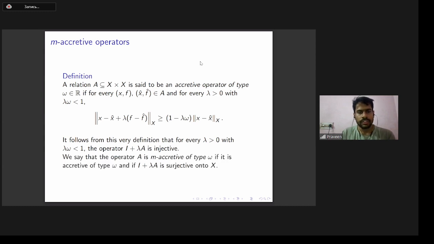Also, we say an operator A is an m-accretive operator of some type omega if it is accretive of type omega, and also I plus lambda A, for all those lambda positive such that lambda omega is less than 1, is surjective onto X. So in this way, if A is an m-accretive operator of type omega, then for all those lambda positive such that lambda omega is less than 1, these I plus lambda A are bijective maps.